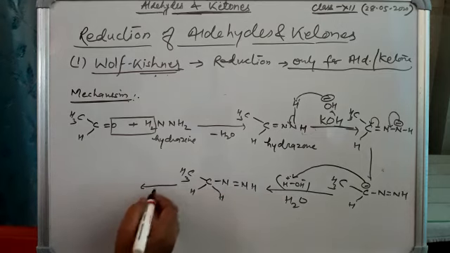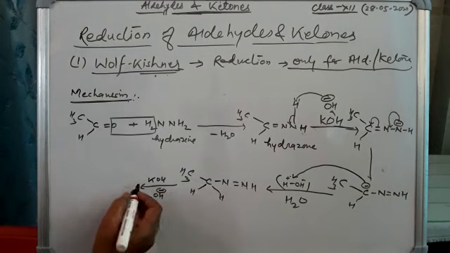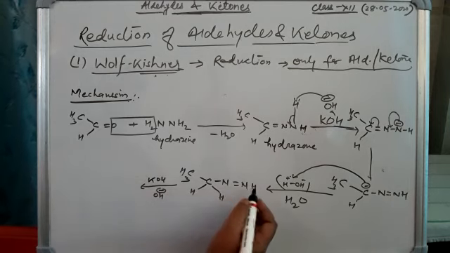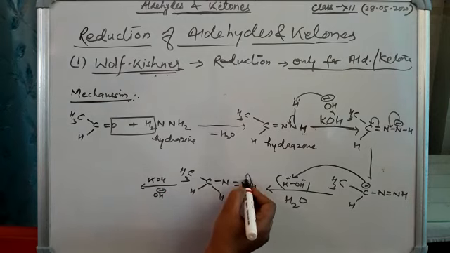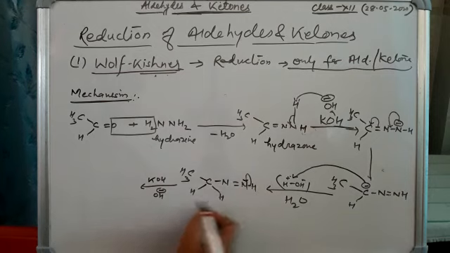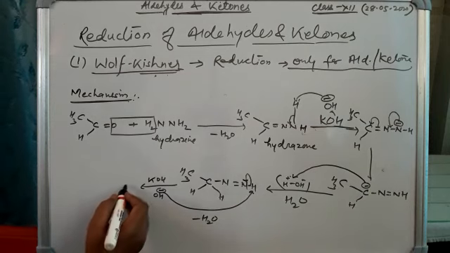We know that the reaction proceeds in basic medium, with OH ion from KOH. See here, this bond shifts towards the nitrogen and there is removal of H, taking this, so removal of H2O takes place. What happens?